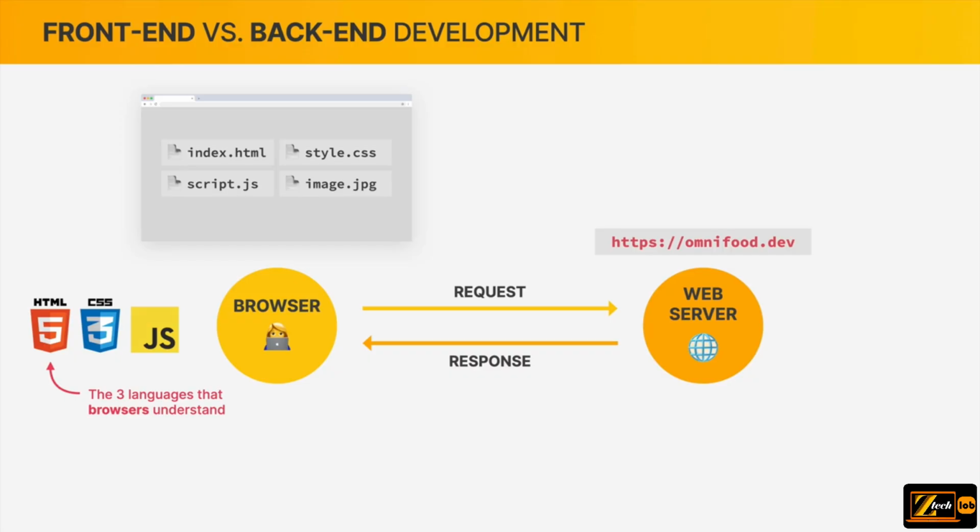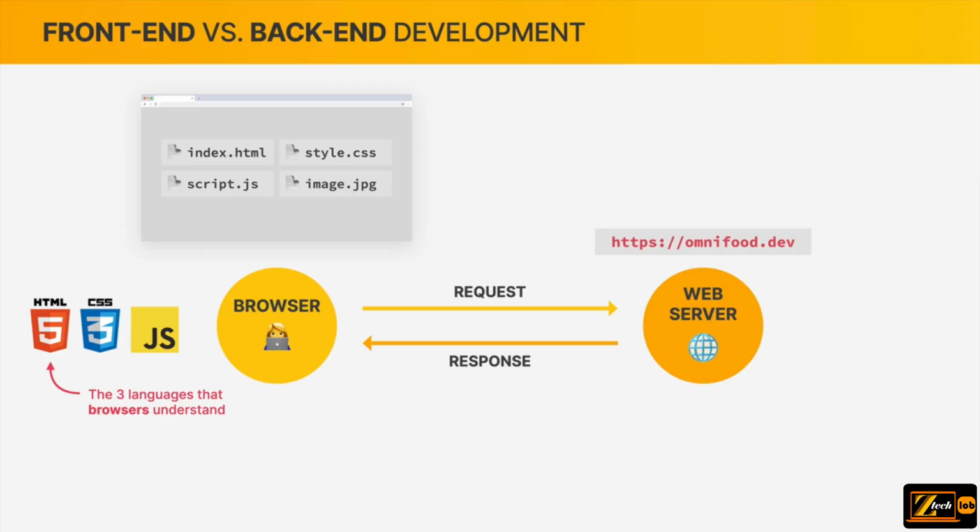And these are precisely the three languages that browsers can understand. So what this means is that all of the code that makes up a website needs to always be written in HTML, CSS, and JavaScript. Because, again, these are essentially the three core technologies that any browser can understand.